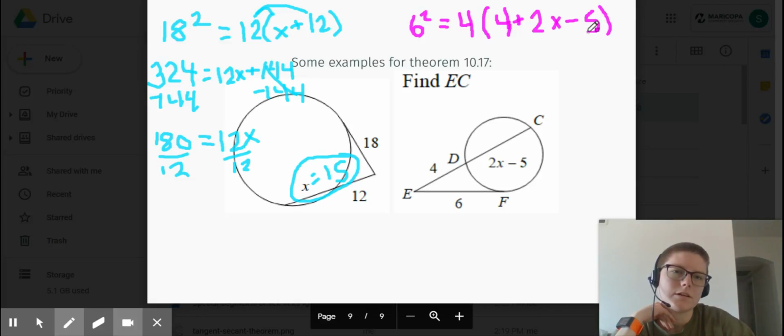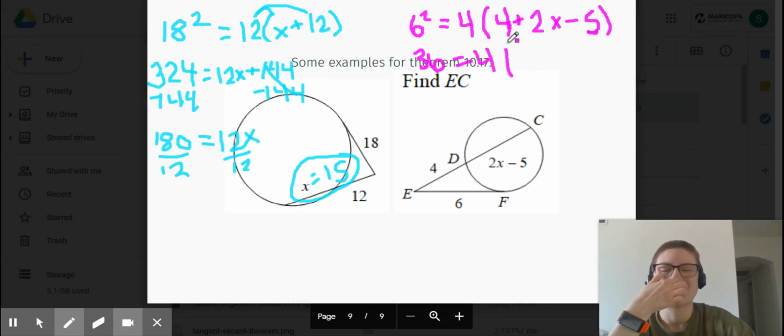All right, we know 6 squared is 36. 4 times, if we combine our like terms, this 4 minus this 5 is negative 1. So I'm going to say it's 2x minus 1.